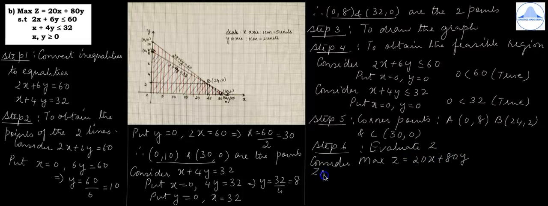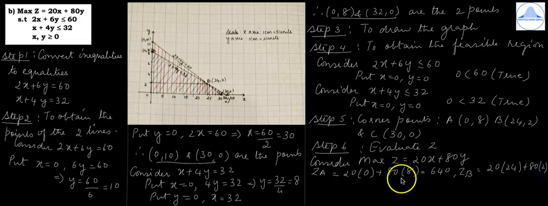So find out ZA. ZA will be 20 into 0 plus 80 into 8. So it will be 640. Then find out ZB. So ZB will be 20 into 24 plus 80 into 2.